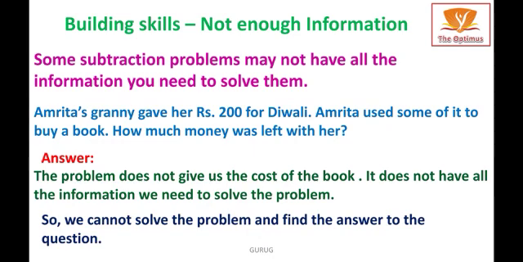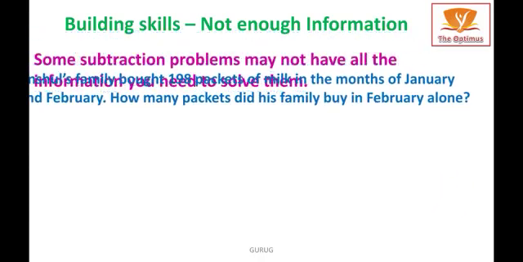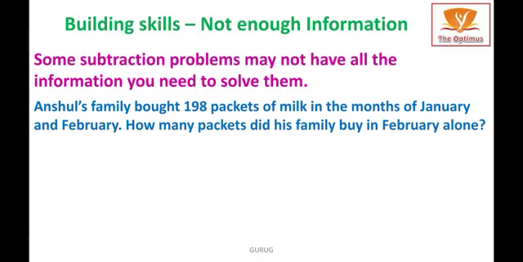Dear kids, one more example for you. Anshul's family bought 198 packets of milk in the months of January and February. How many packets did his family buy in February alone? Dear kids, Anshul's family bought 198 packets of milk. That is the total packets in both months, January and February.